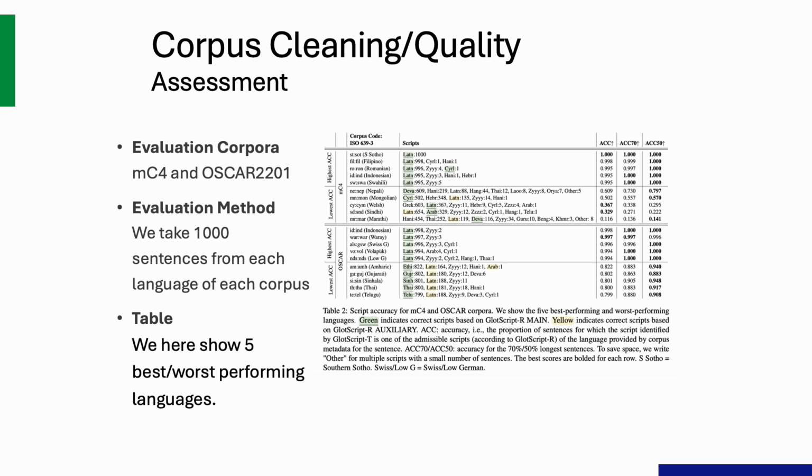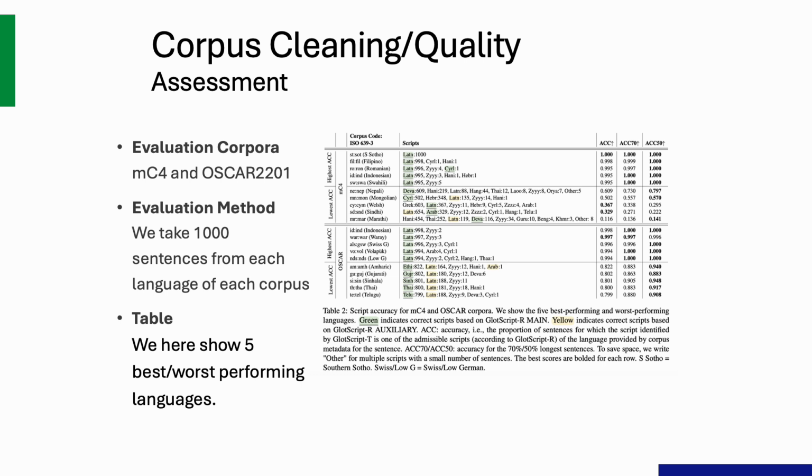Since both MC4 and Oscar just use the language ISO codes and not the script codes inside it, it happens that these problems appear and are not filtered beforehand.